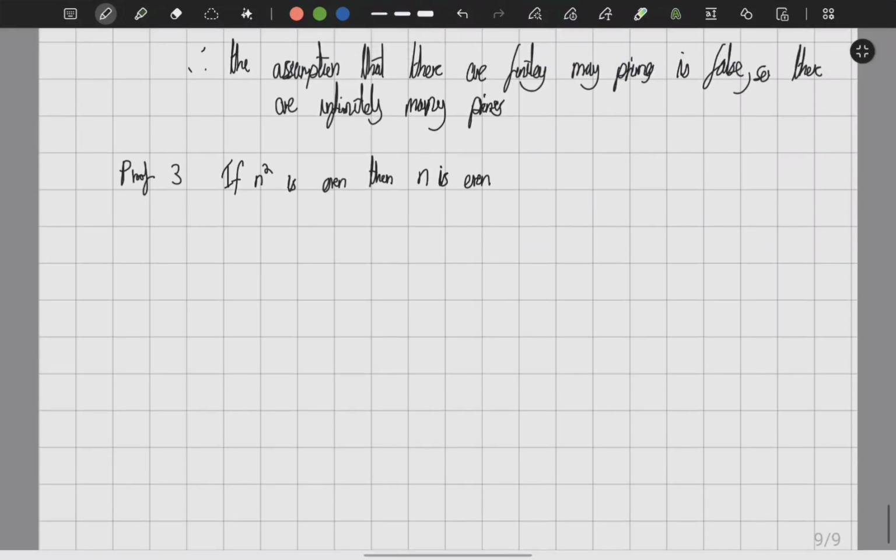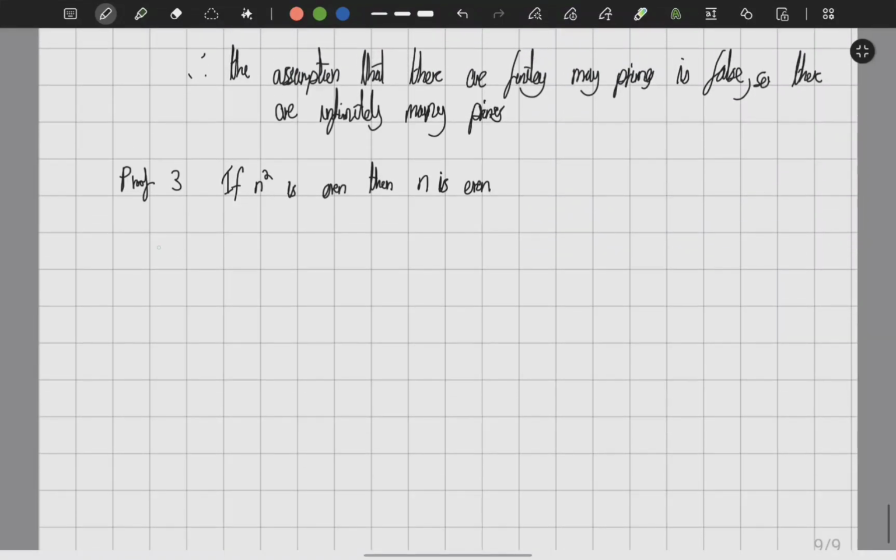Step 2, if we're doing a contradiction, we can assume that if n squared is even, then n is odd. This is the negation. So instead of saying if n squared is even, then n is even, we're saying if n squared is even, then n is odd. So this is like the opposite.